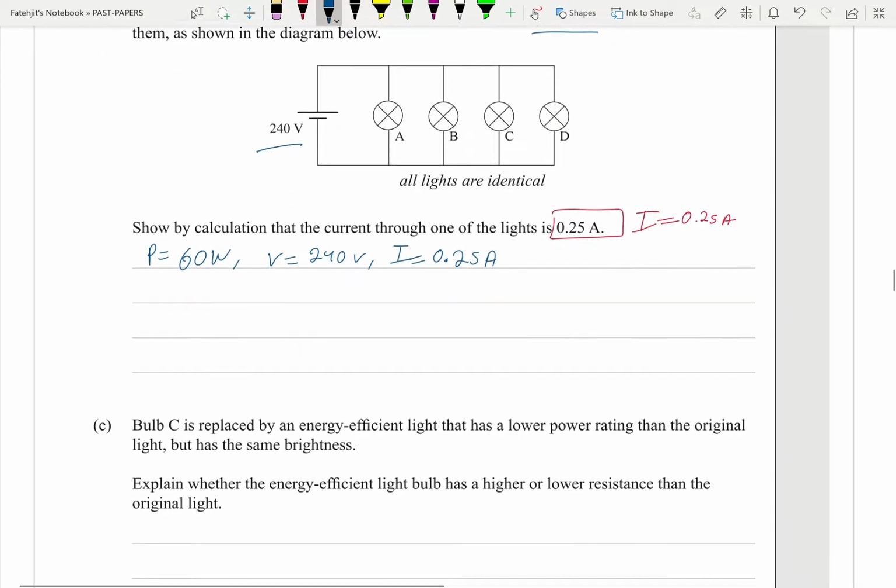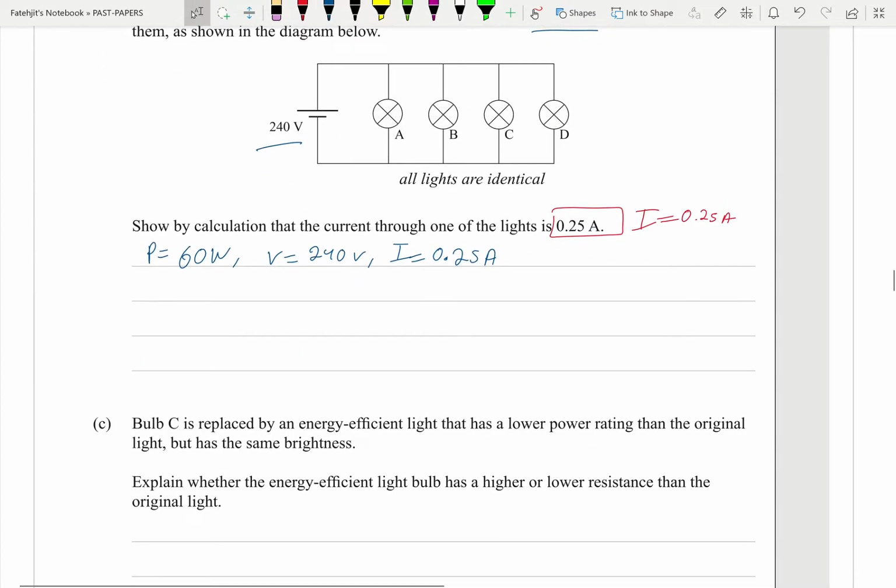Looking at the formula sheet, the only possible equation you can use is P equals IV. You can rearrange that to I equals P over V. Plug the numbers in, 60 for power, 240 volts, and I should equal 0.25 amps, and that is proved.